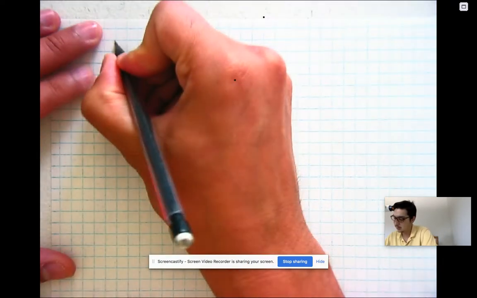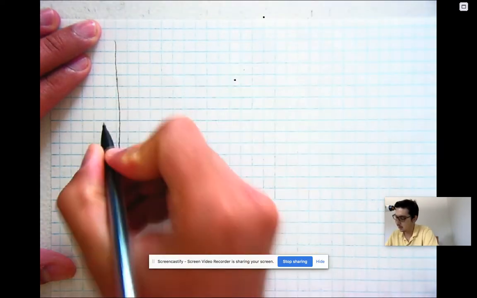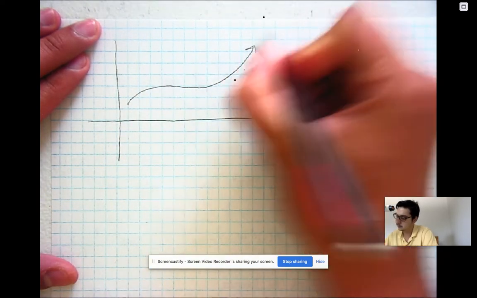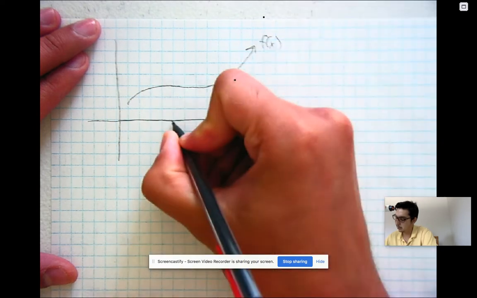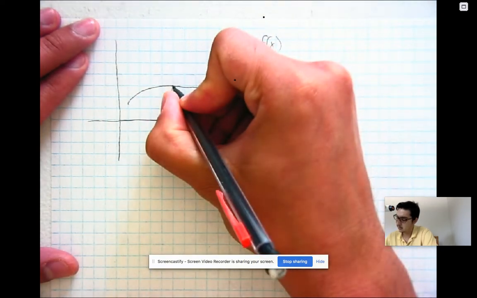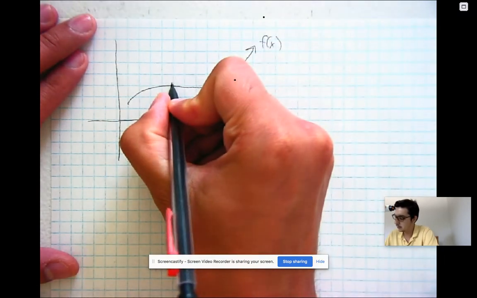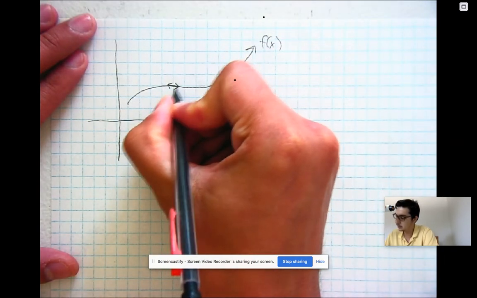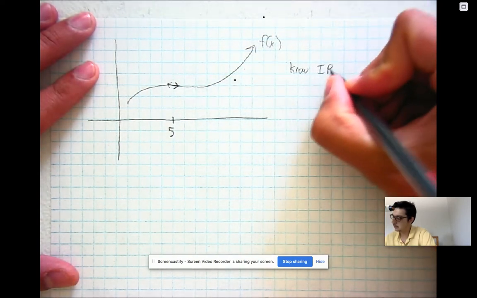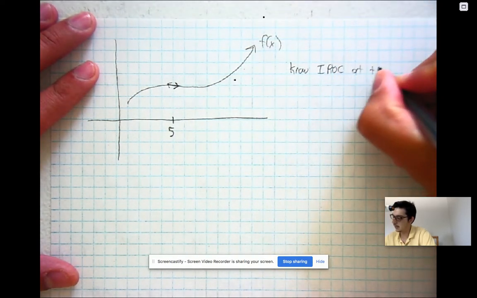So draw my arbitrary curve again. And we want to know the IROC at t equals 5.